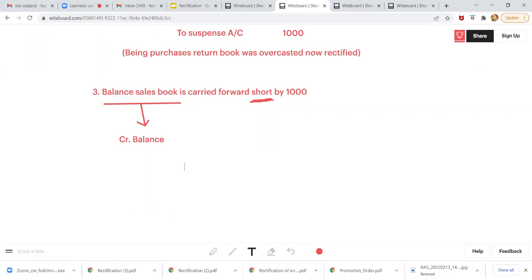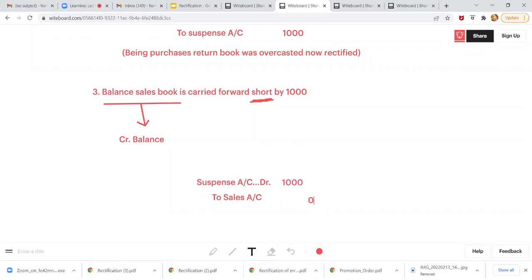So now we will credit more amount to the sales account. But as we know that this is a one-sided error, on the debit side we will write the suspense account. Suspense account debit to sales account credit, right? With the amount of 1000.